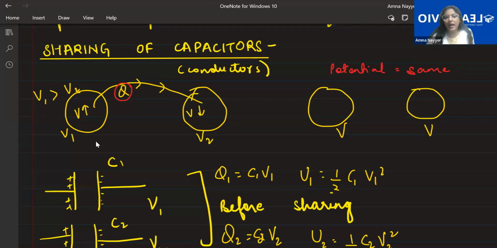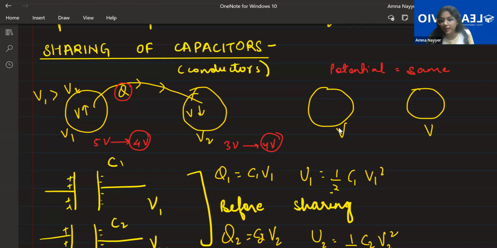Like, let's say this had 5 volt, this had 3 volt. Some charges will travel, potential will change. Let's say this reduced to 4 volt, this increased to 4 volt. As soon as 4 volt is reached in both of them, the charges stop flowing. This is what is meant by sharing of conductors.